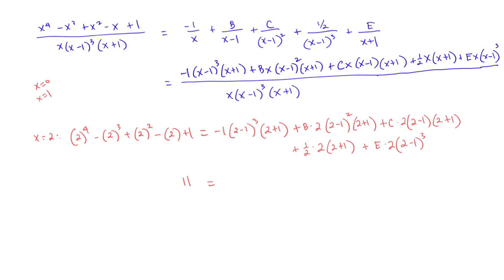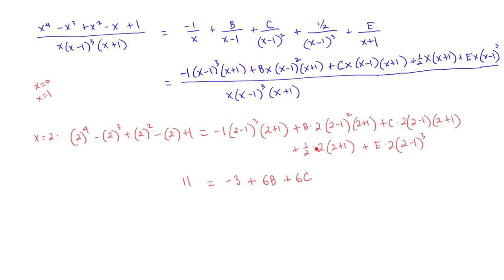The left-hand side is 11, and the right-hand side can be simplified easily, as 2 minus 1 is 1. So the first term is -1 times 1 times 3, which is -3, plus the second term: 2 minus 1 is 1, 1 squared is 1, 2b times 3 is 6b. The next term, 2 minus 1 is 1, so 2c times 3 is 6c.